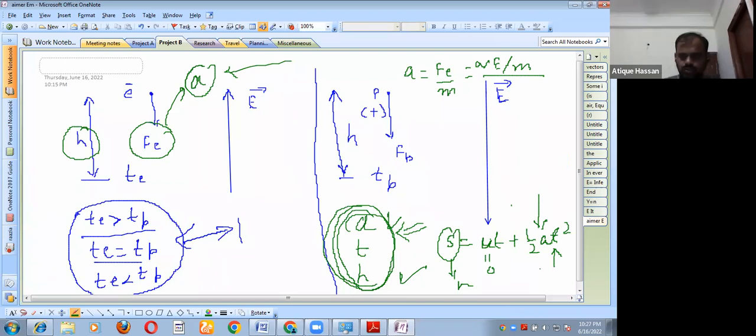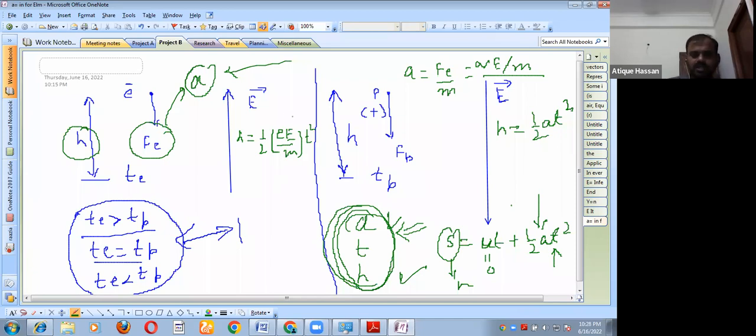So I have given you a clue how to proceed. The equation will come like h equal to half at square, and if written in more detail, putting acceleration as eE upon m, where e is the charge on electron and proton, both are same, it becomes h equals half eE upon m into t square.